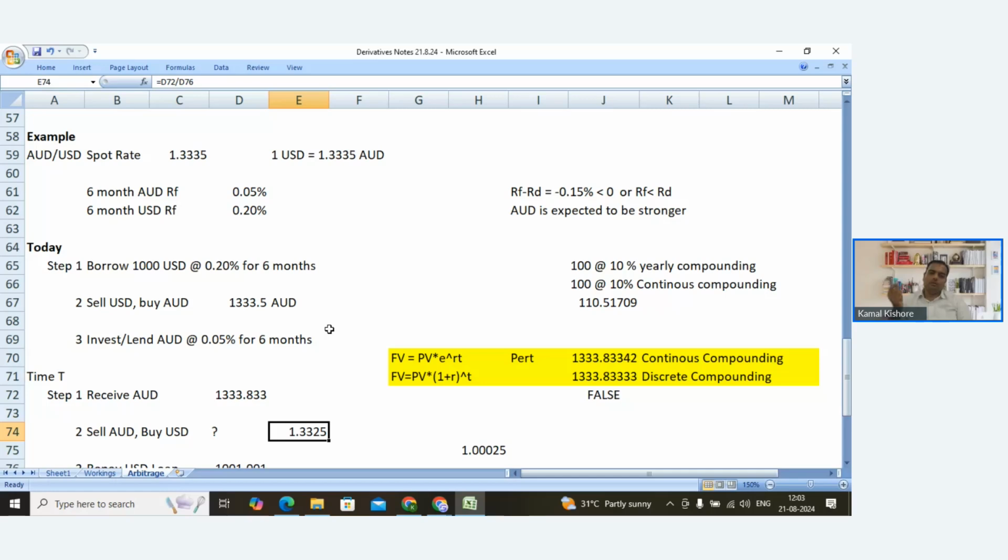Or the other way around, with 1 USD, I was able to buy so many AUDs. Now I am able to buy fewer AUDs, right? This is one reason. The second reason is also your interest rates. Which interest rates are lower? AUD, right? The currency whose interest rate is lower will become stronger.